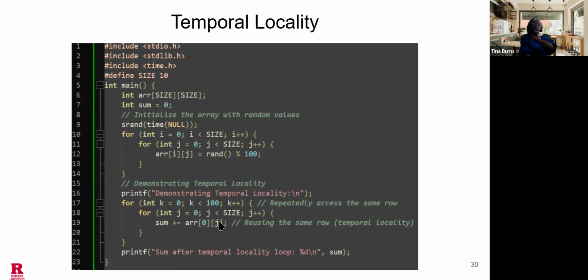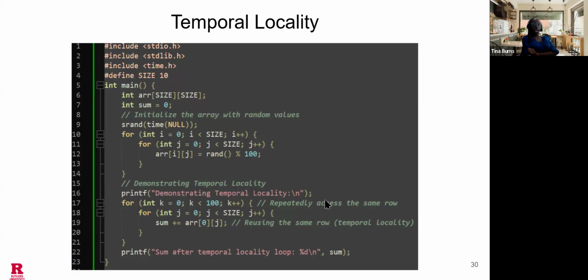Since I know I'm accessing this multiple times, from 0 to 100, this is going to repeat. I'm going to access each of these components more than once. Then I want to store those in my memory rather than it being based solely on the location or the proximity to the current address.